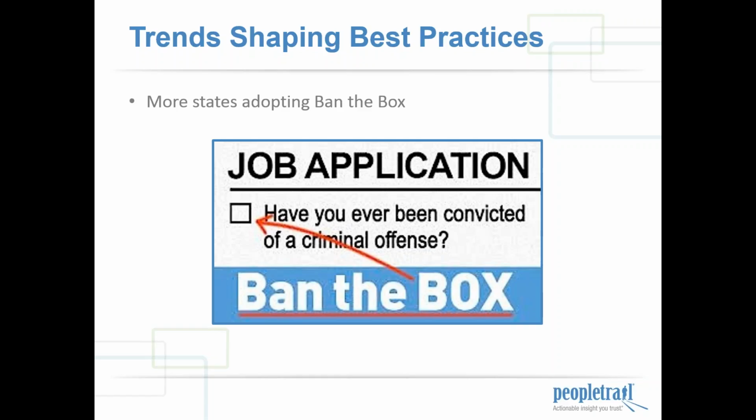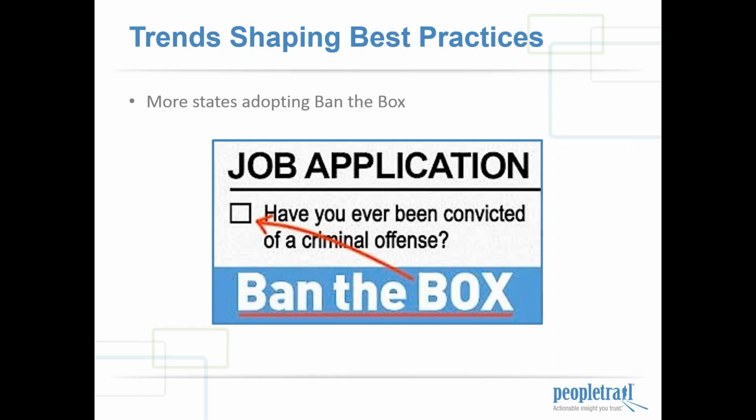These areas are being very specific about the timing of when you can offer the job application, when you can do a background check, or when you can even ask them about a background check. It has to be at a certain time during the screening process, and each one of these laws has different time frames and very specific criteria for when you can make those decisions in those areas.